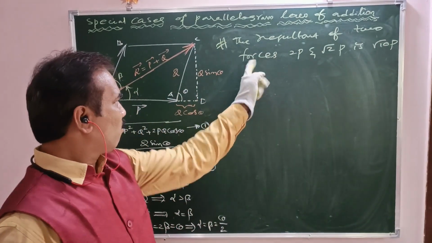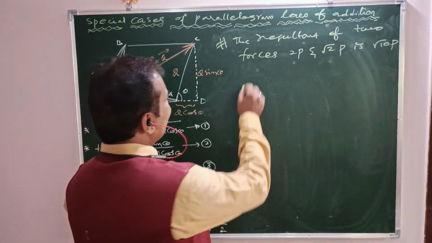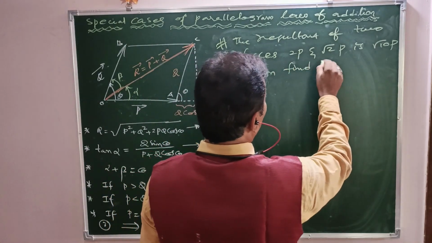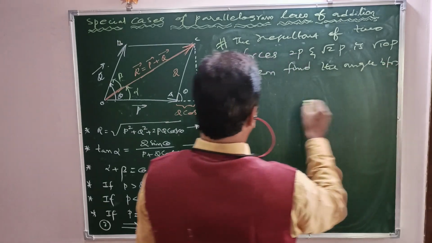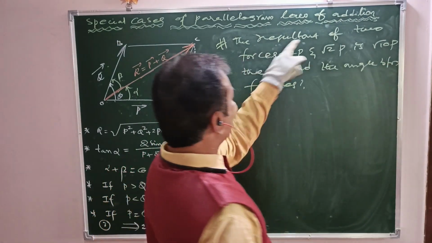The resultant of two forces 2P and root 2P is root 10P. Then find the angle between the forces.